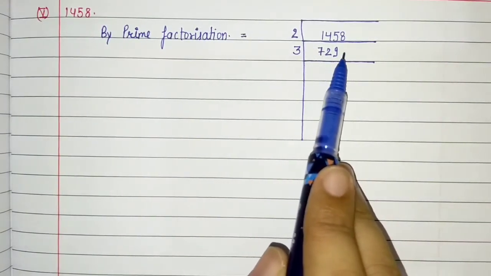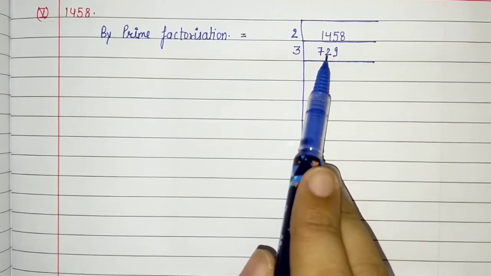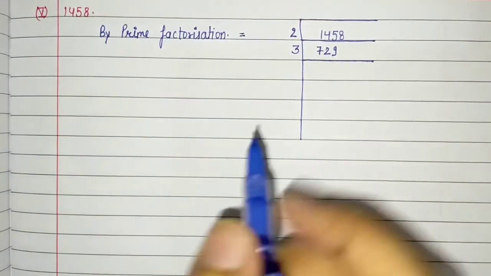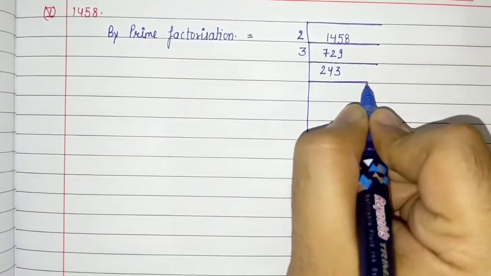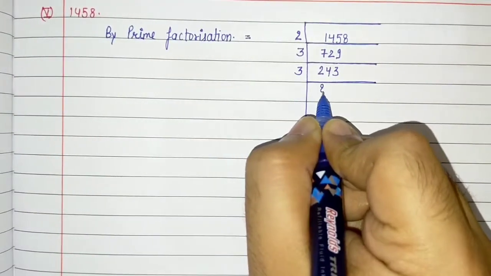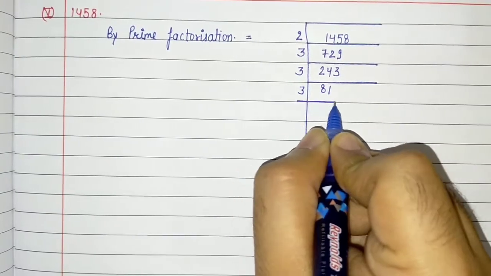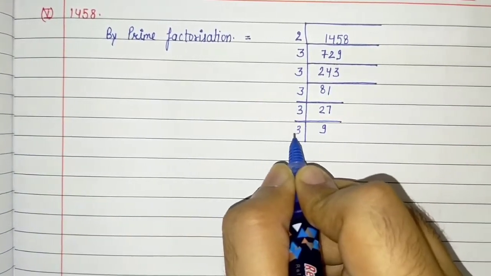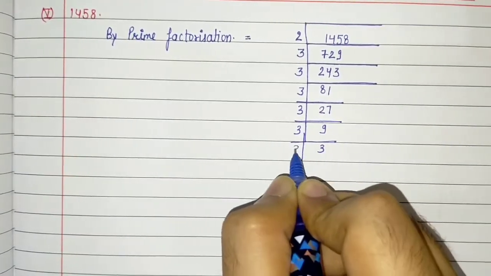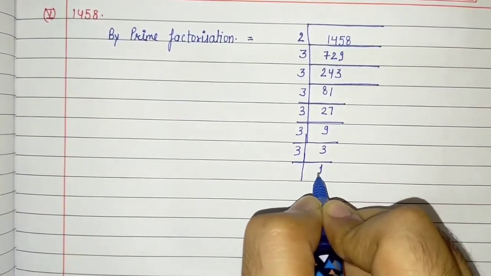Because the sum of the digits is divisible by 3, this number is also divisible by 3. If we divide it, the answer is 243. Again divide with 3, 81. Again divide with 3, 27. Again divide with 3, 9. Then 3. At last the answer is 1.